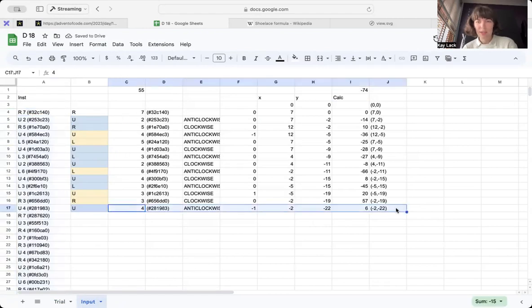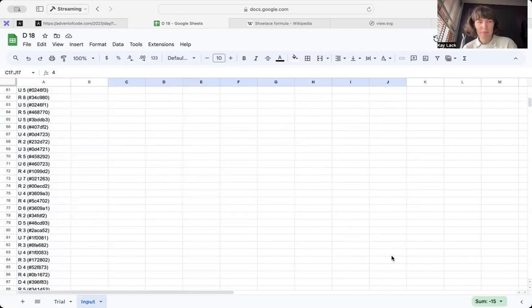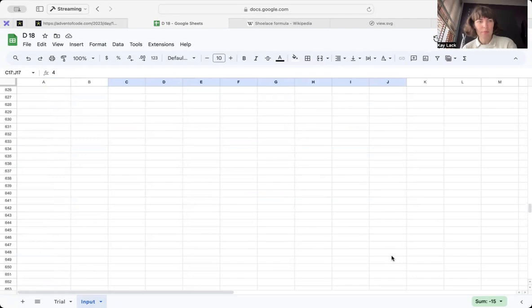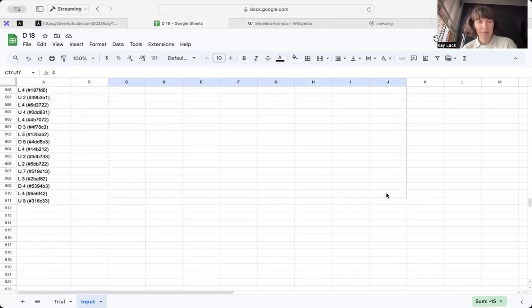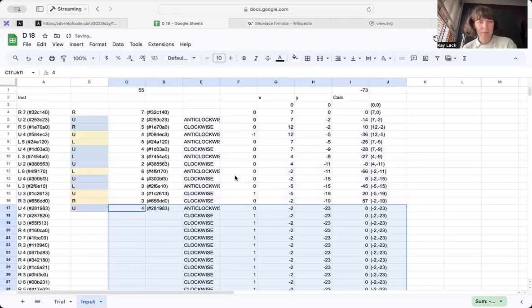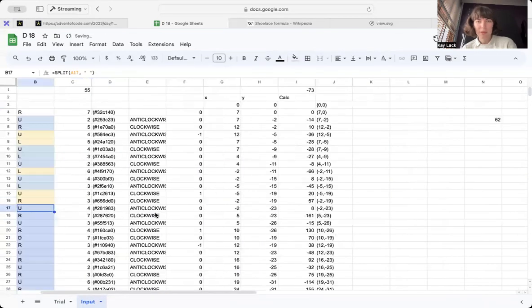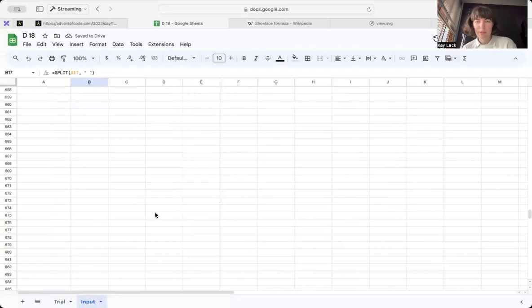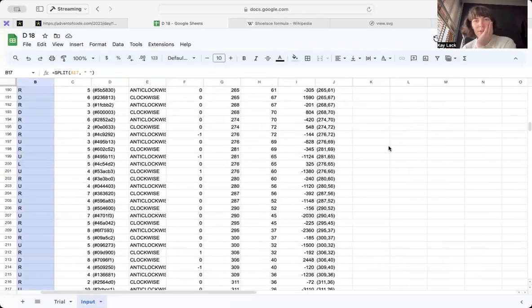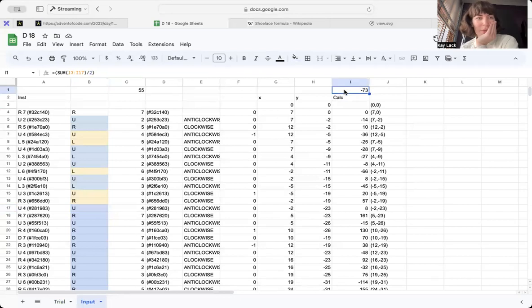We can take all these out, and not go really far. Oh, and I guess we need to do this as well. Okay, and then we end up back at 0, 1, that's good. And we end up with minus 73. Minus 73.